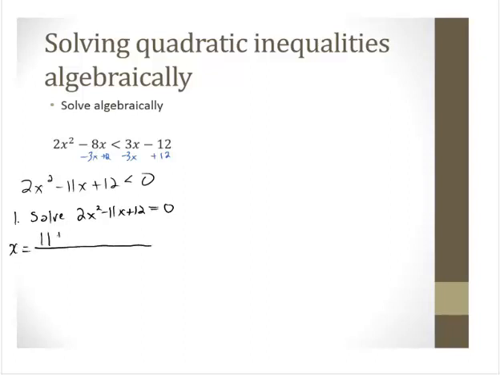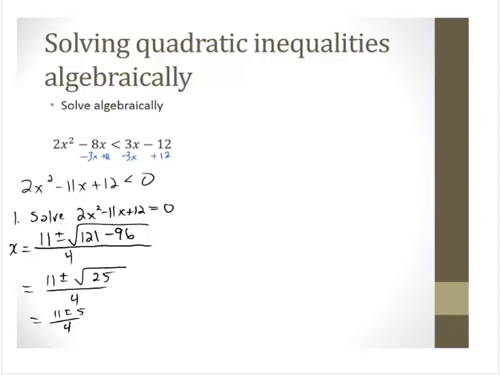So x would equal 11 plus or minus the square root of 11 squared is 121 minus 4 times 2, that's 8, 8 times 12 is 96, over 2 times 2 is 4. So that's 11 plus or minus the square root of 121 minus 96, which is 25, over 4. So that's 11 plus or minus 5 over 4.